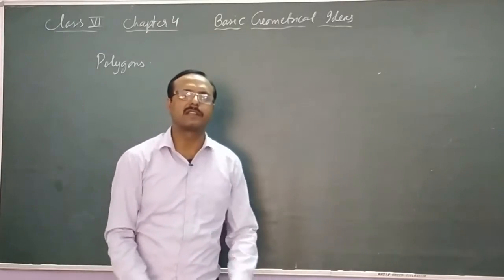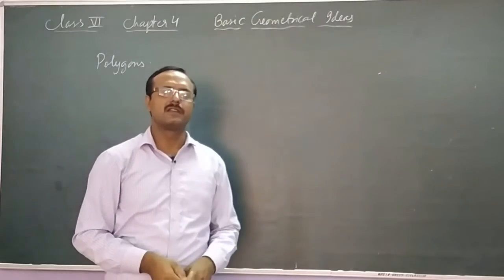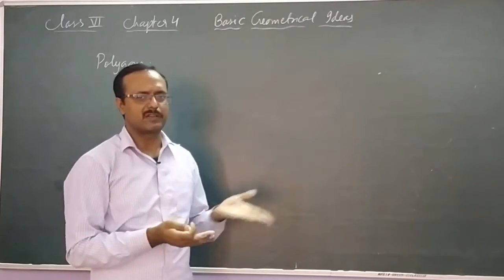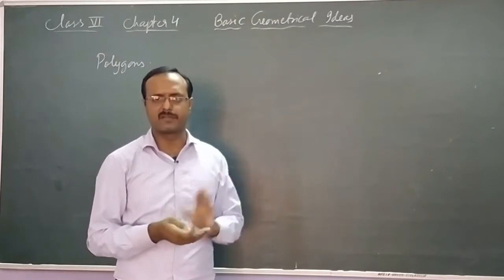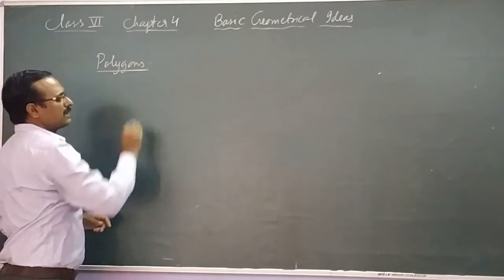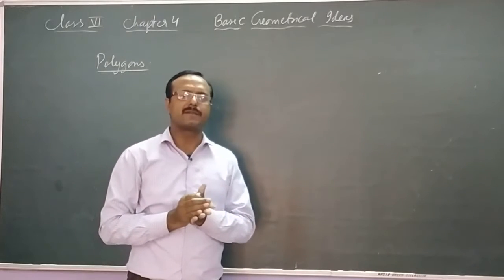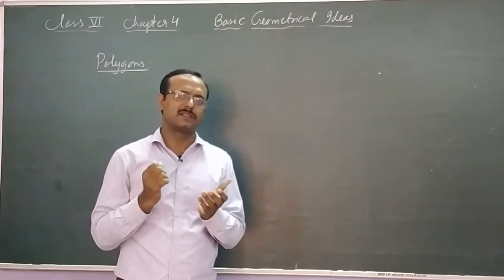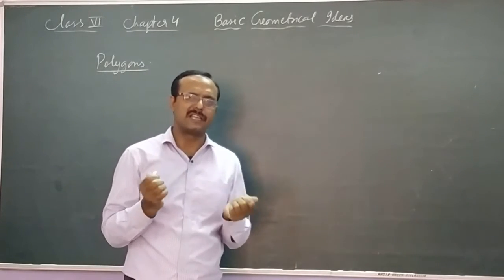They contained curves, straight lines, and we have seen closed figures and open figures also. Now what are polygons? Polygons are closed figures which are made of only line segments. They have only straight lines.